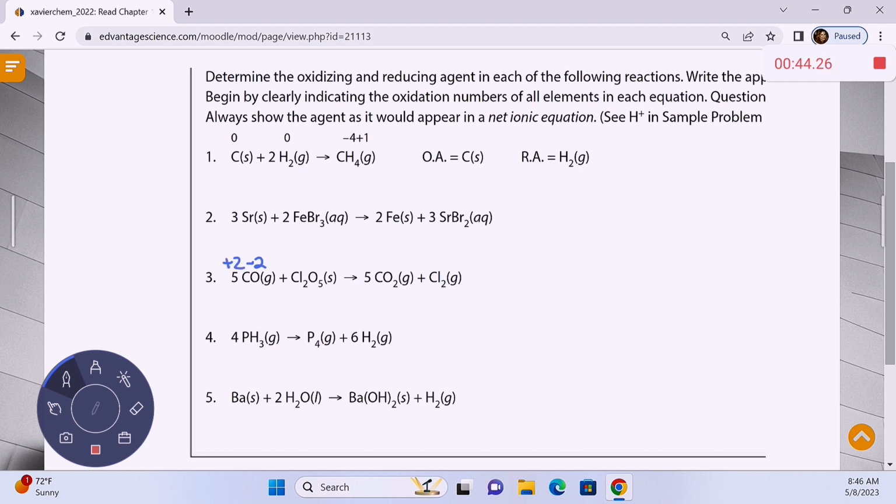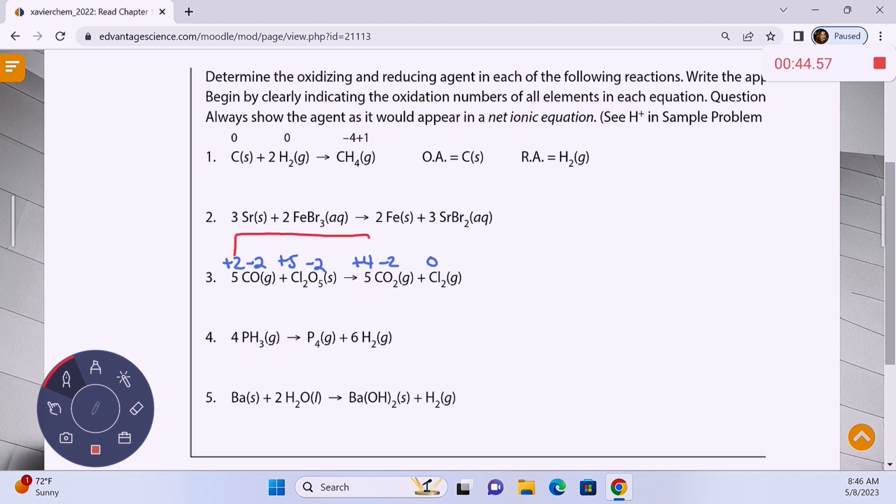Cl2O5, you know oxygen is -2. What would chlorine be? +5. Okay. In CO2, you know oxygen is -2. Carbon is +4. Cl2 is elemental chlorine, 0.